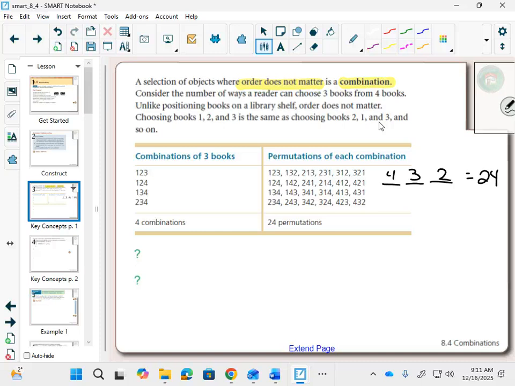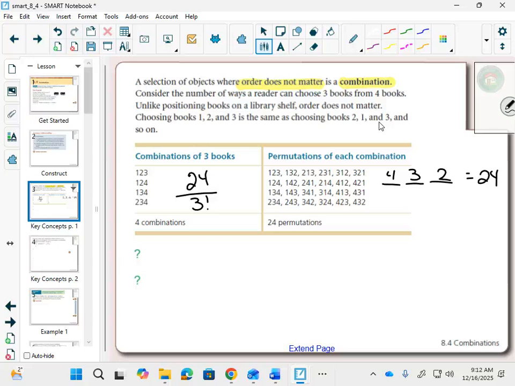The idea is that you could take your permutations and say for each 3 things, there's 6 permutations, so I could take my 24 and divide out the order. How many ways can you order 3 things? 6 ways, 3 factorial.